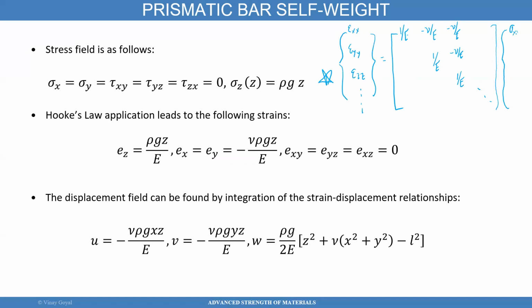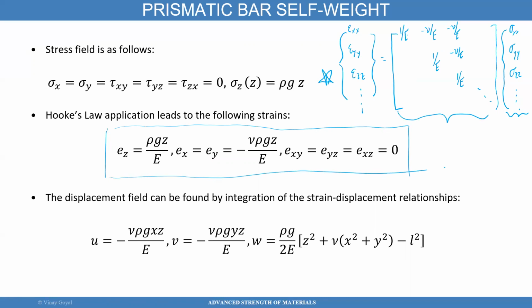Sigma XX, sigma YY, sigma ZZ, etc. When you multiply the constitutive law by the stress field, you'll quickly find that the strains that you get are the ones here.